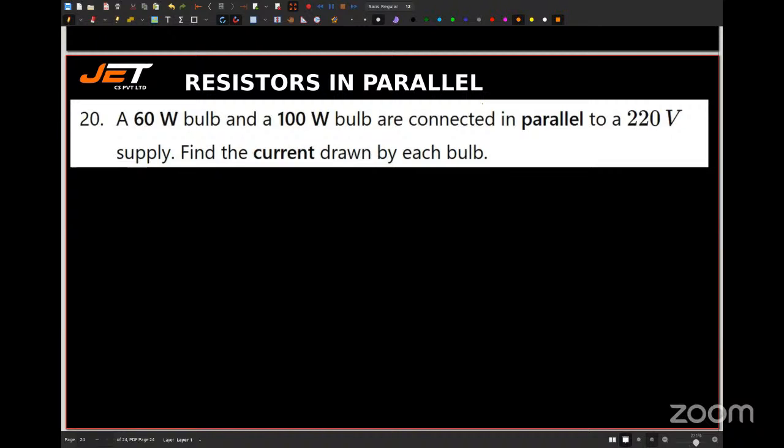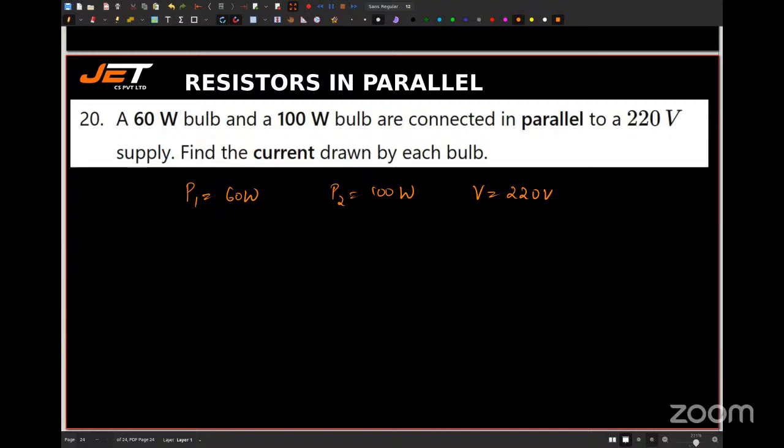Find the current drawn by each bulb. That is the question. So here, P1 is given as 60 watts and P2 is given as 100 watts. And they are connected in parallel to a 220-volt supply. Voltage is equal to 220 volts. We need to find out the current drawn by each bulb.